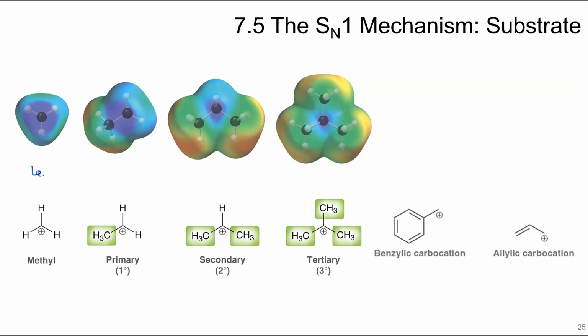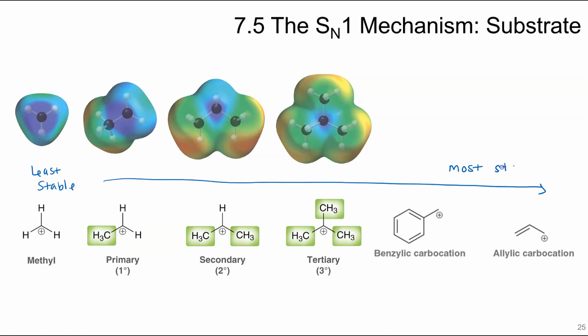So this is least stable, and this is most stable. The tertiary is supported by induction. The benzylic and allylic carbocations are stabilized by resonance. So if a carbocation can form and be stabilized, then it will form more quickly.